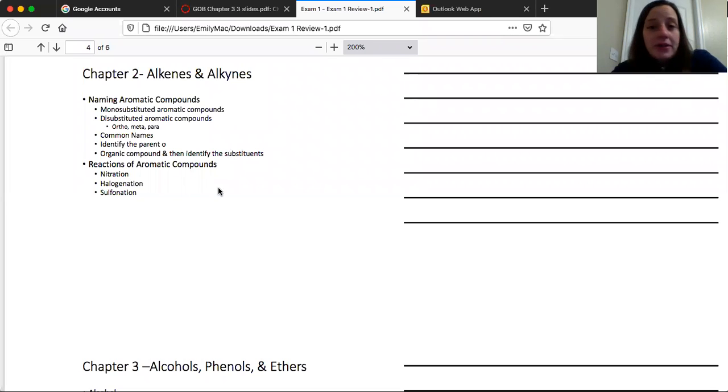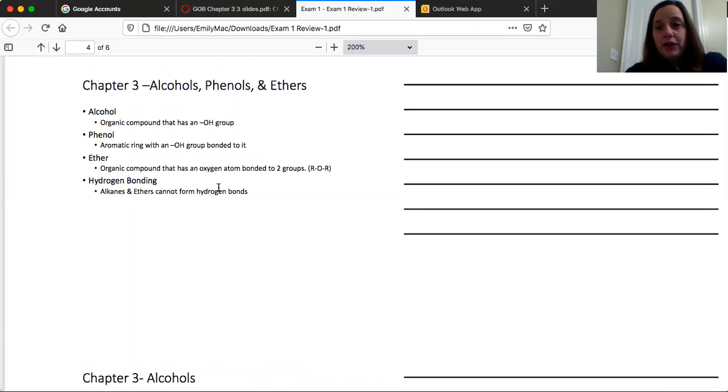And remember, it doesn't matter where it goes. It can go in the ortho, meta, para position. You can stick it wherever. If there's something already on there, like we did an example with a phenol, or I think we did one with aniline, you could put it in the ortho, para, or the meta position.